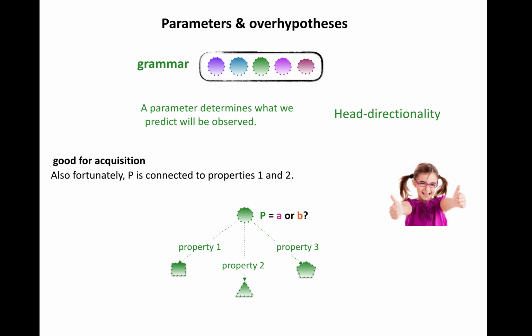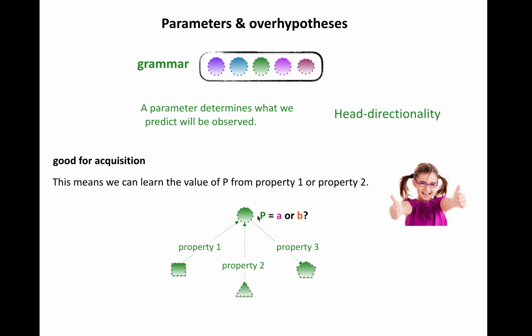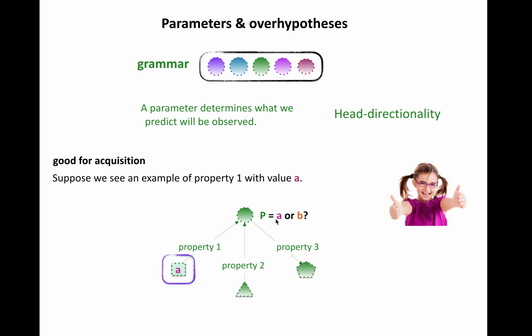So P, in this case, is connected to properties 1 and 2. So what does that mean? Well, that means that we can learn the value of P, A or B, from either of these two, from property 1 or property 2. We just need to see any of these to learn what that parameter value is. So let's say that we see an example of property 1, which has value A. Well, then we know that P has value A because P is connected to property 1.